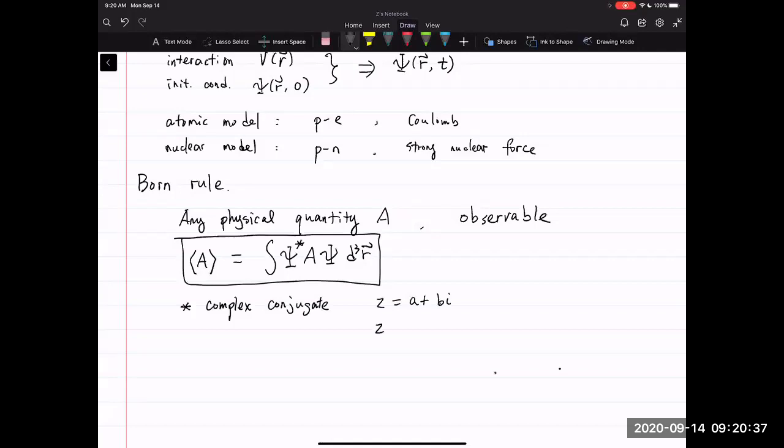And the complex conjugate z star is just a minus bi, okay? So we flip the sign of the imaginary part. Or if the complex number z is e to the i phi, which is cosine phi plus i sine phi, then the complex conjugate will be cosine phi minus i sine phi. So it'll be e to the minus i phi.